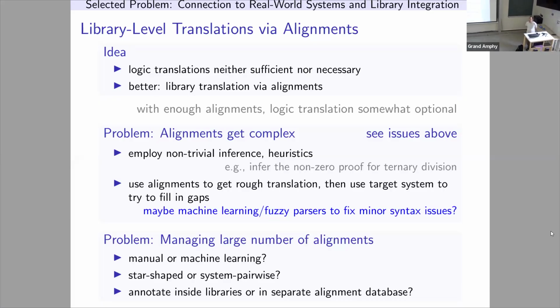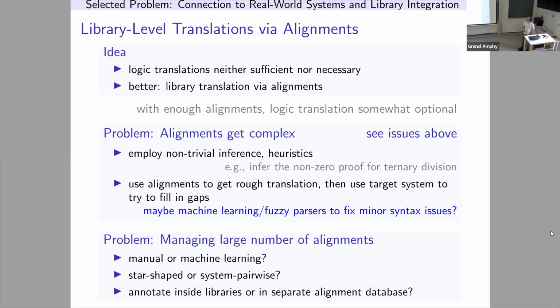But actually, you can skip that. I mean, obviously, you need to do something with the Isabelle logic, but the much more important question is to translate the real numbers of Isabelle to the real numbers of Lean. So you really want to start with the library and translate only as much of the logic as you have to.